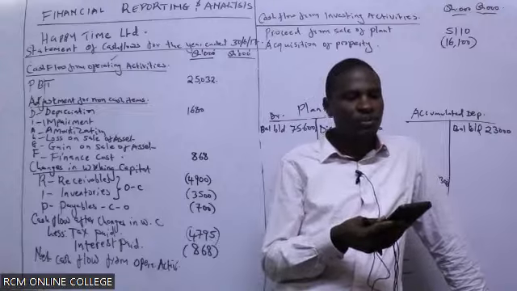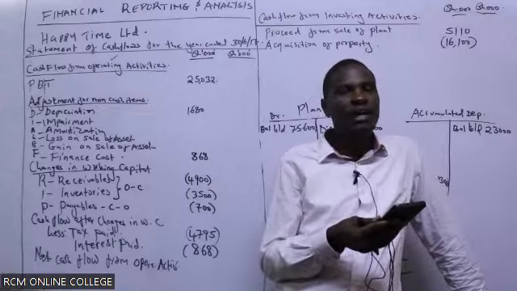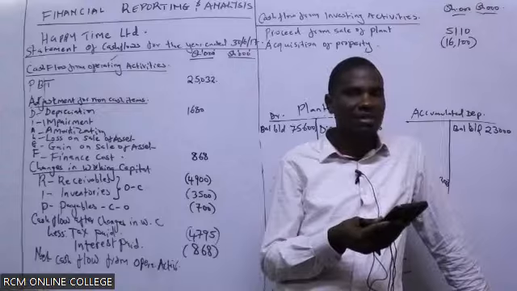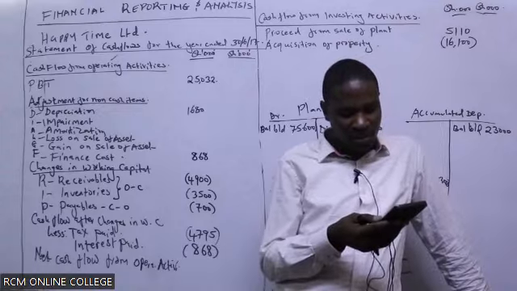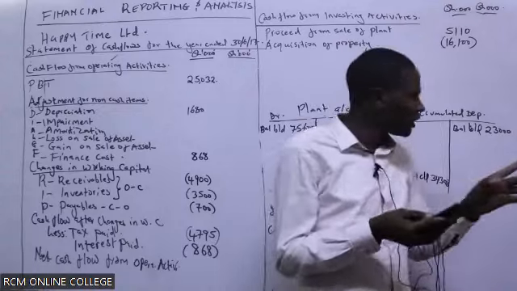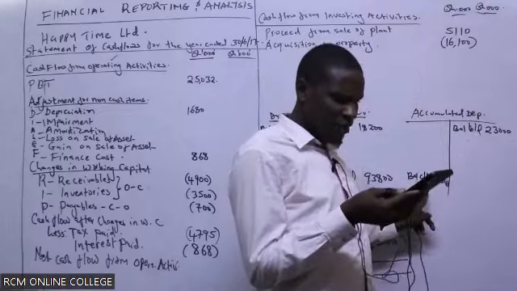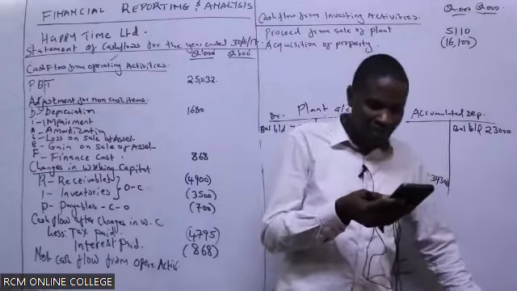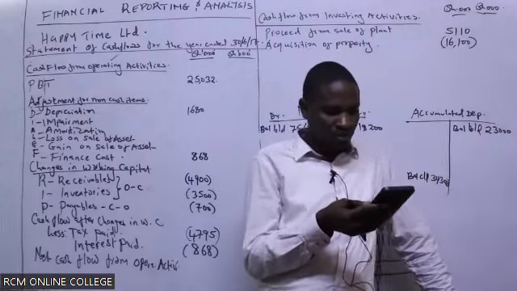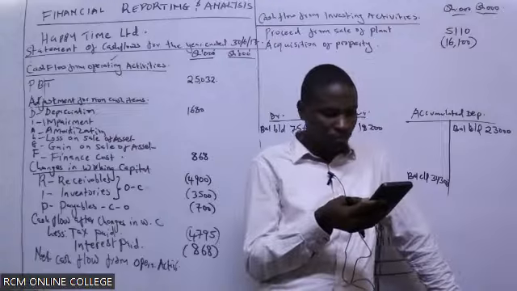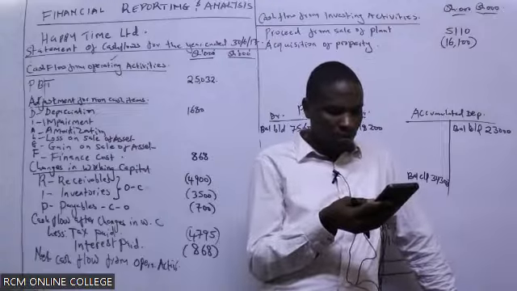Accumulated depreciation has a credit balance. The 2016 accumulated depreciation, if you look, was 23,000, and that we have put 23,000. And then the balance carried down is 34,300.